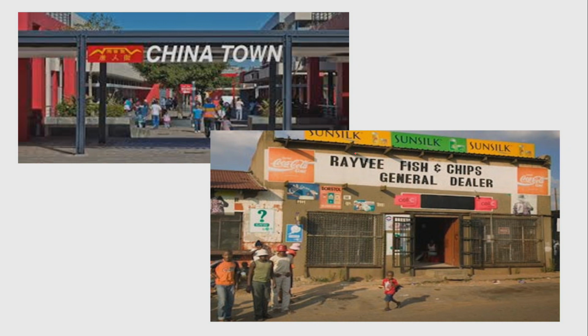Where is this following one? Chinatown, top left. This is the Chinatown in Cape Town, okay? And the bottom one here is a spaza dealer, a general dealer, a Somali family that have put up a general store in Soweto, in Johannesburg. Why did they choose that?